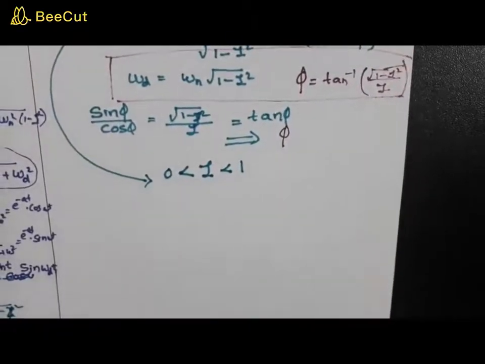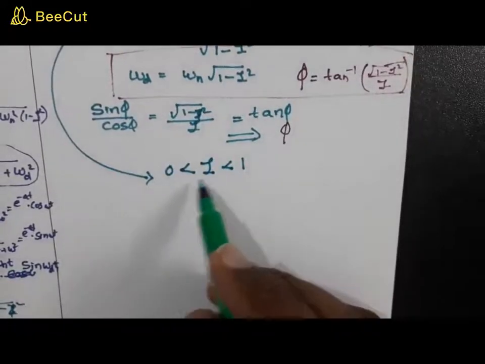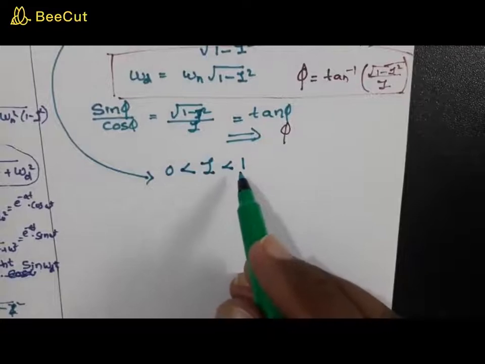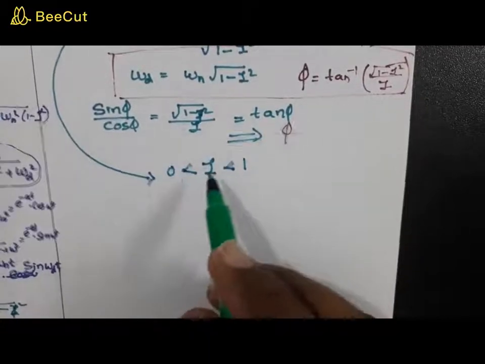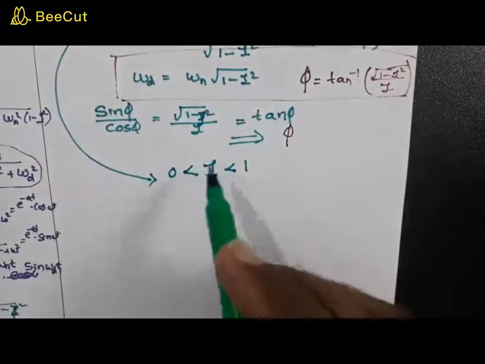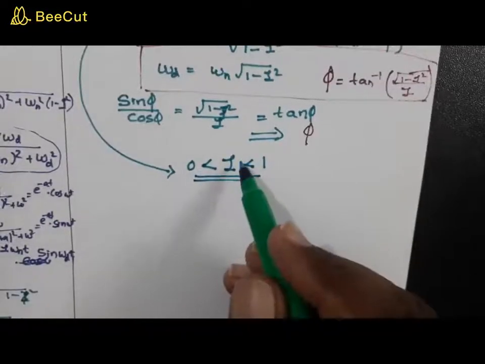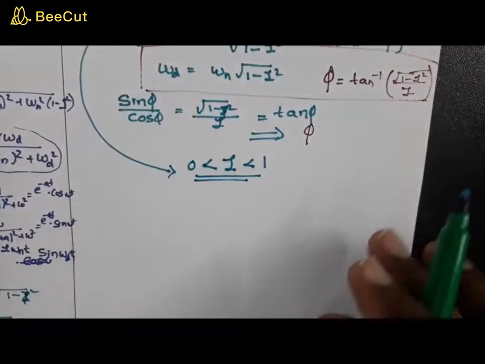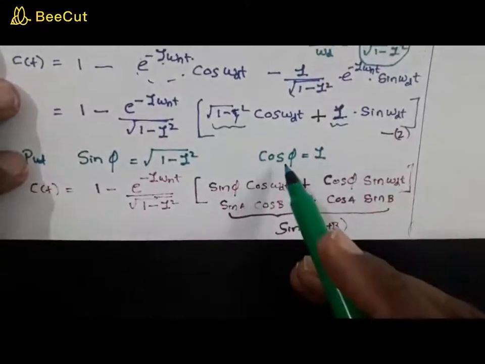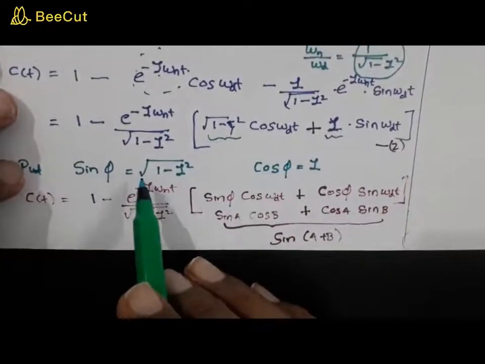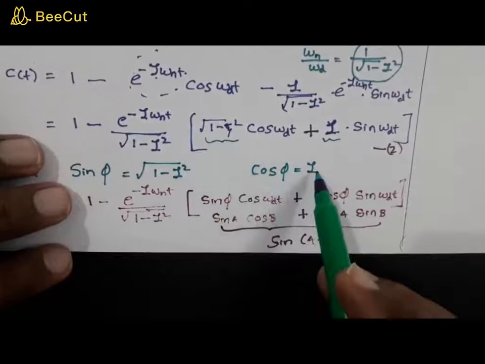Theta is a positive quantity because it's a damping ratio, so a ratio cannot be a negative value. This equation is a case where theta is between 0 and 1. The reason is that we have assumed theta to be cos phi.